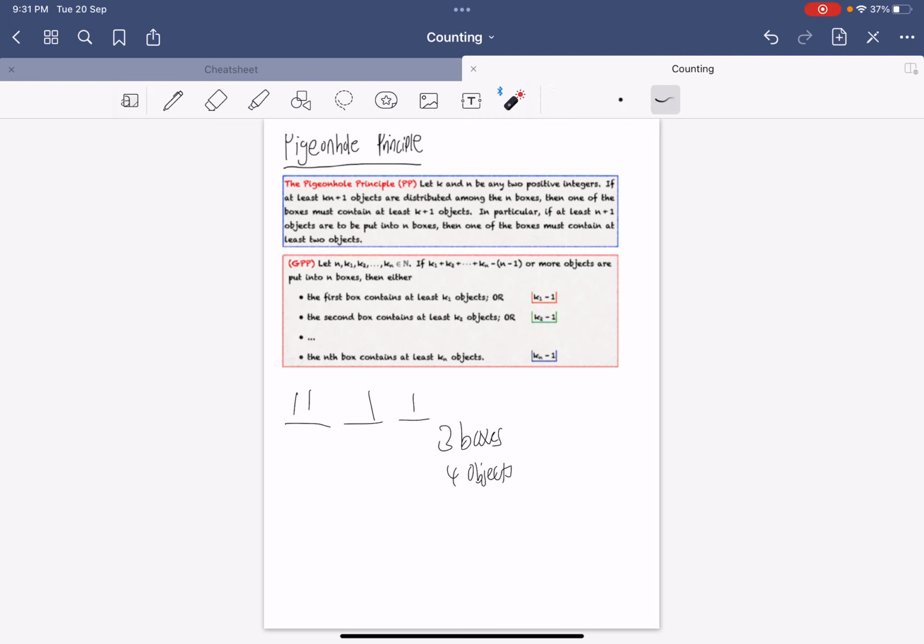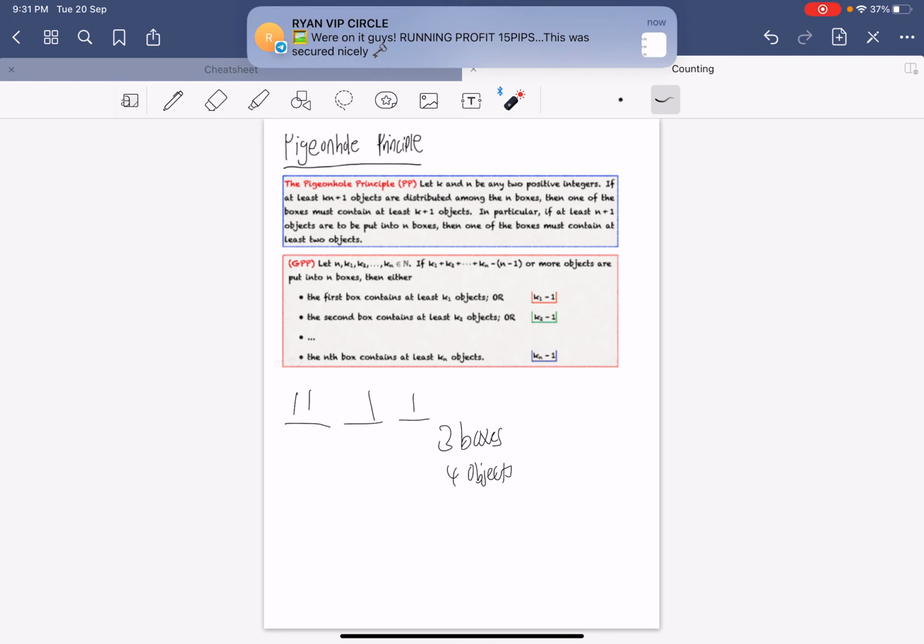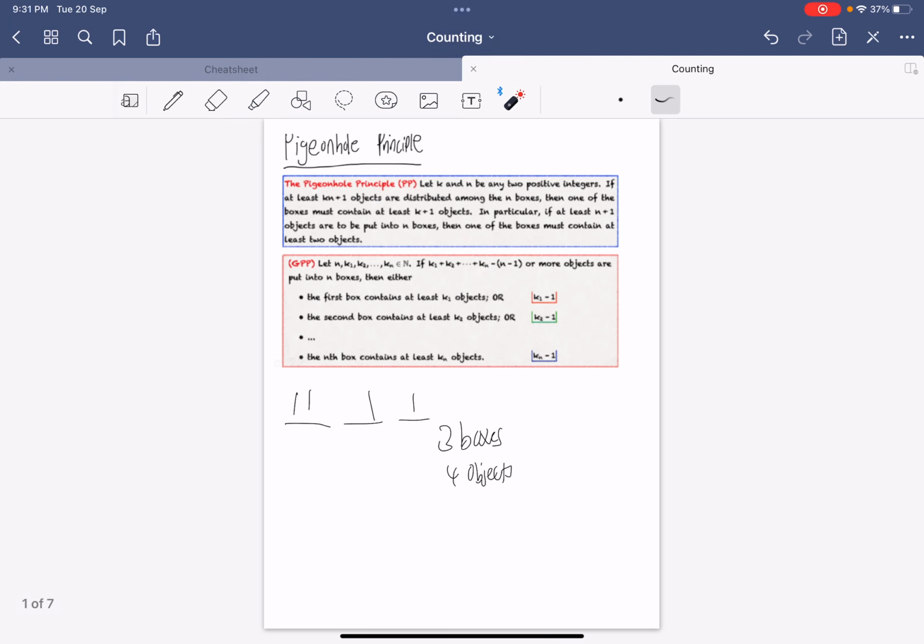The generalized Pigeonhole Principle over here is just a reformulation of the same thing as the Pigeonhole Principle. But in this case, you are able to see how many objects at least one box has.